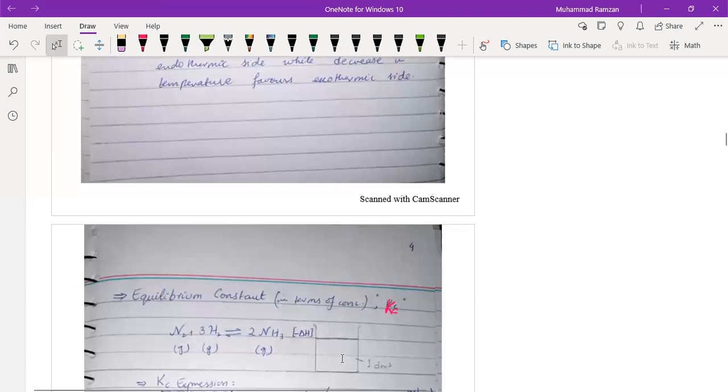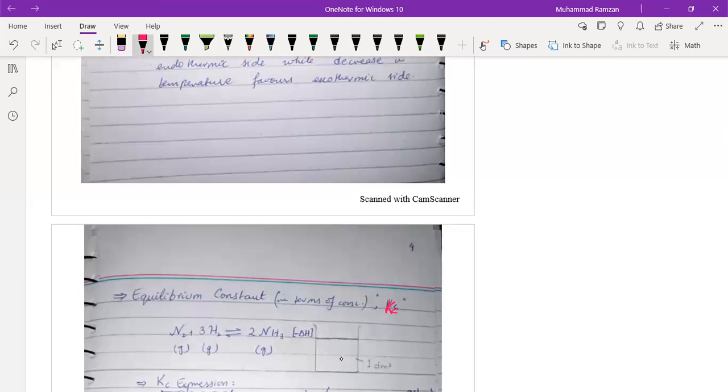In this container, the volume is 1 dm cube, and you have added N2 and H2 initially, and there was no NH3. With the passage of time, N2 and H2 are being used up, and their concentration would decrease because the volume is 1 dm cube, and the moles available are their concentration.